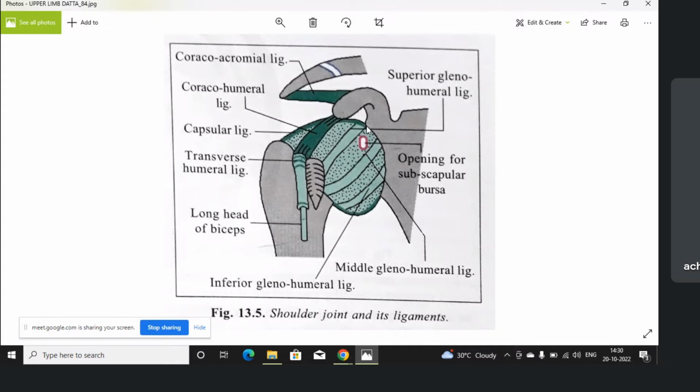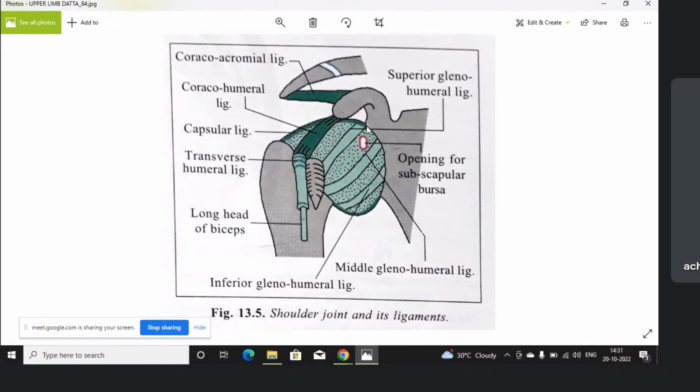This is the capsular ligament: above, it attaches to the peripheral margin of the glenoid cavity, and below, it attaches to the anatomical neck.